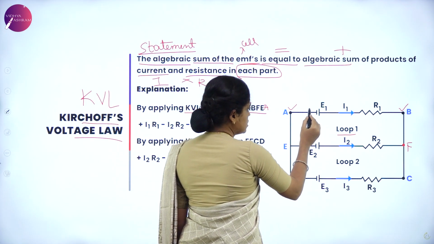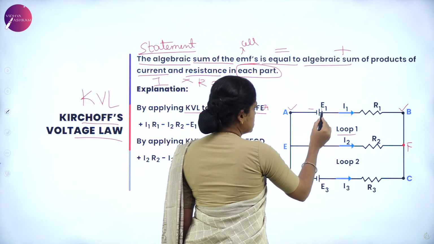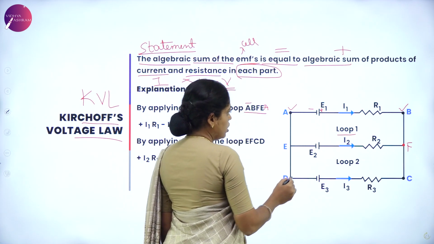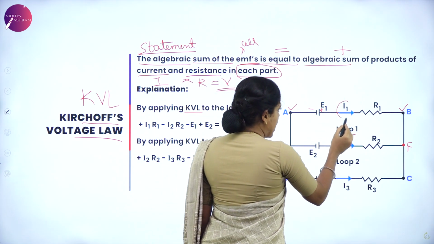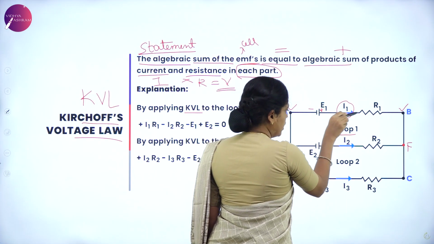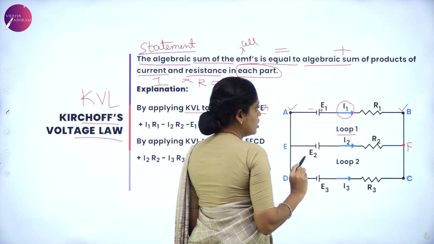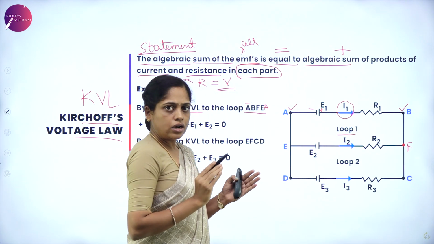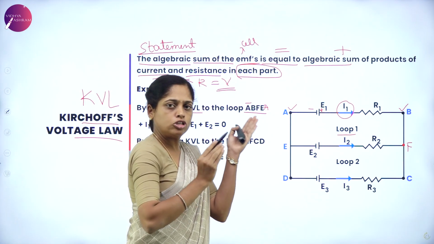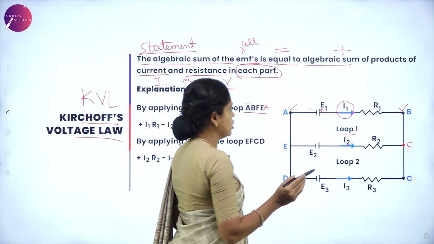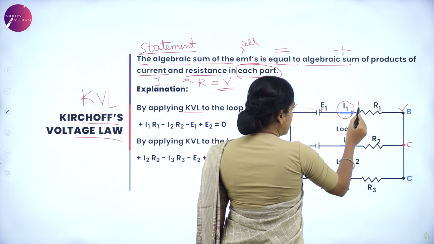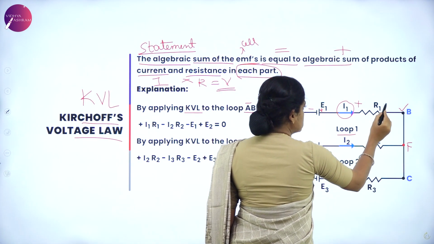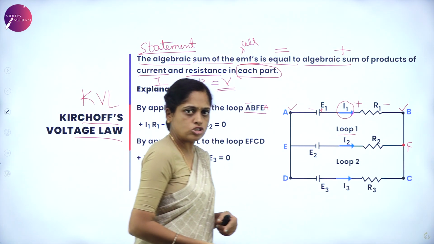For the cell, this is the negative terminal and this side is the positive terminal. And current I1 is entering the resistor R1. You know that the current flows from higher potential to lower potential. Therefore, this side is positive and this side is the lower potential side.